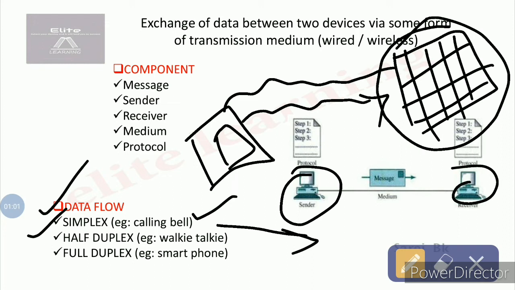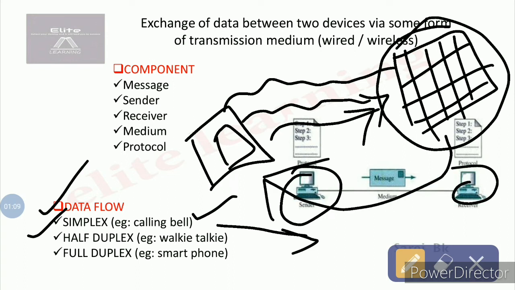So here data is flowing from this direction to this direction, right? If we change the direction, can we hear the sound from the switch box? The answer is no. So this is working in simplex mode. Therefore it has only unidirectional transmission.